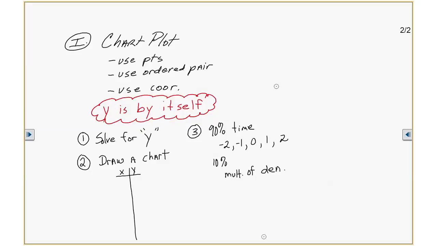Denominator. So that means it's got a what in it? Fraction. Okay.